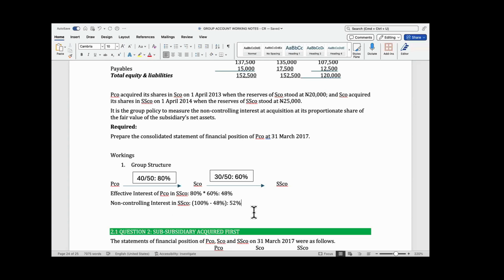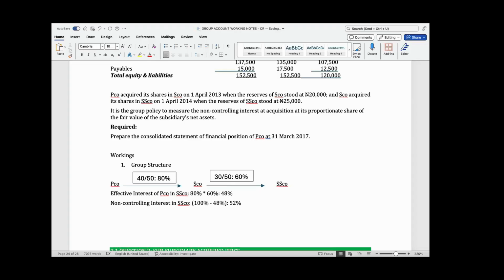Now, having sorted that out, I can then go ahead and consolidate. The first step is for me to do my cancellation, to cancel out all similar transactions. And usually when you cancel out, it results in what we call goodwill.